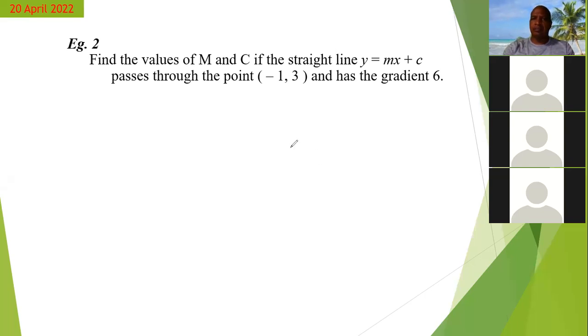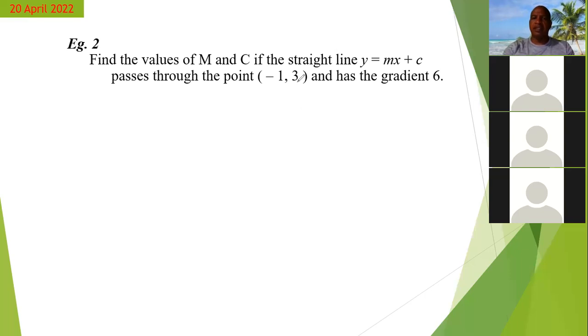Sir, the point here is -1 and 3, sir. And basically when you go up to +3, it will form a little right-angled triangle there. So that basically cuts the y-axis at the 3.